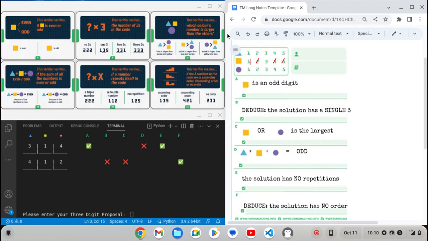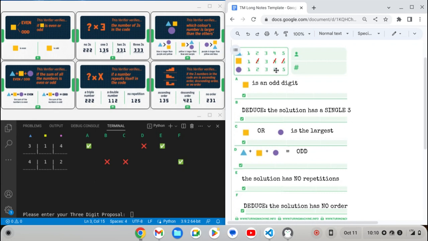Well, what about 214? So it's the largest. So if circle's to be the largest, it can't be 1, it can't be 2, it can't even be 3.